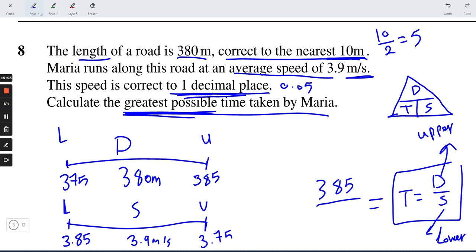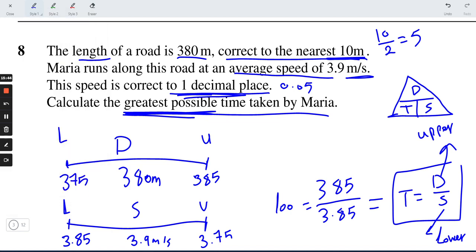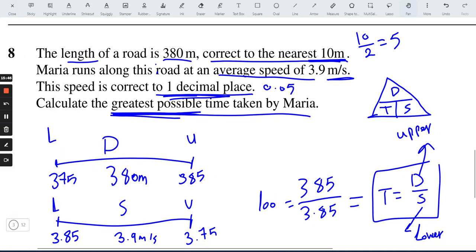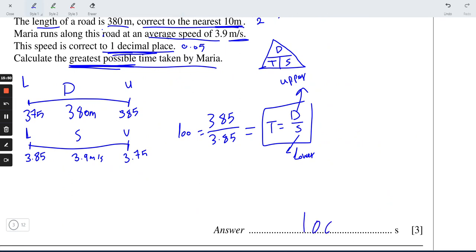Yes, and we need s to be lower, so we will take 3.85, and this will give you 100 seconds. Why? Because using your calculator, dividing 385 by 3.85 will get 100, so 100 seconds. So don't forget to write your answer in the space provided here. So here we have 100 seconds.